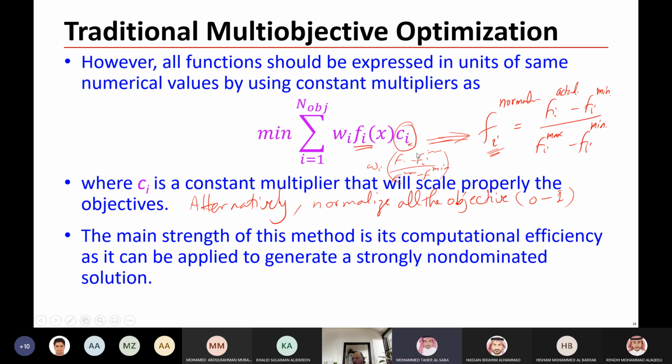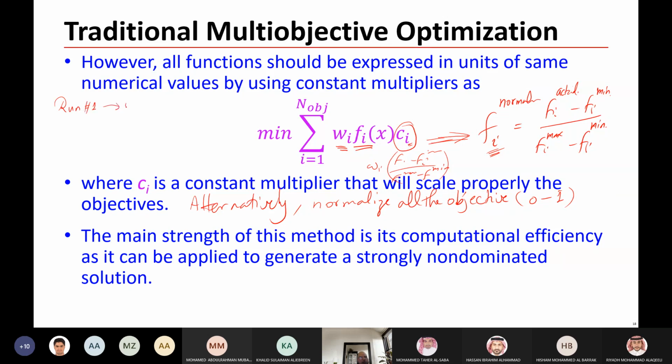Did you agree with this? Assume I want to put the C. If you want to put the C, usually this Wi is the weighting factor, right? Yes. So at the beginning, you can have only one objective and you can have run number 1 of the technique.